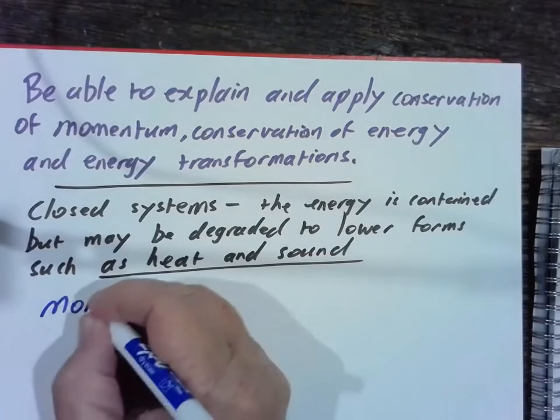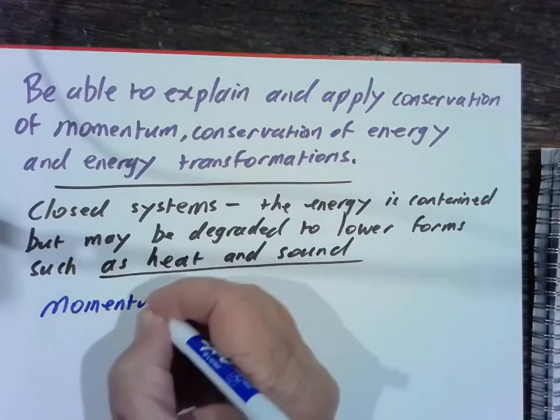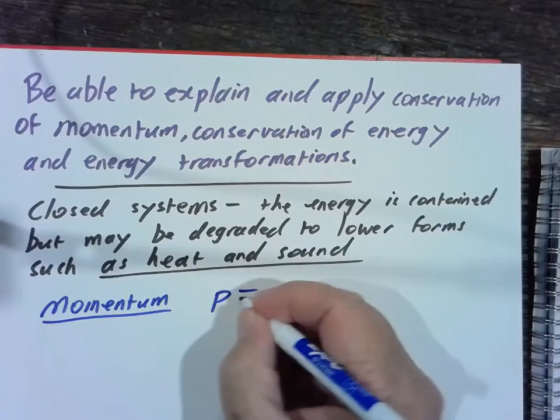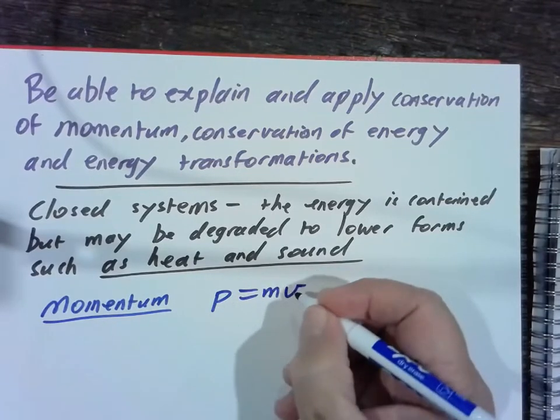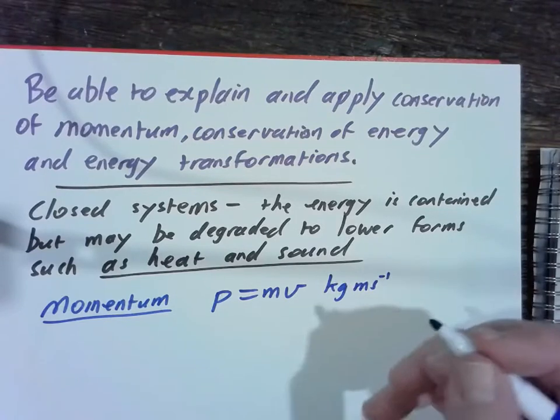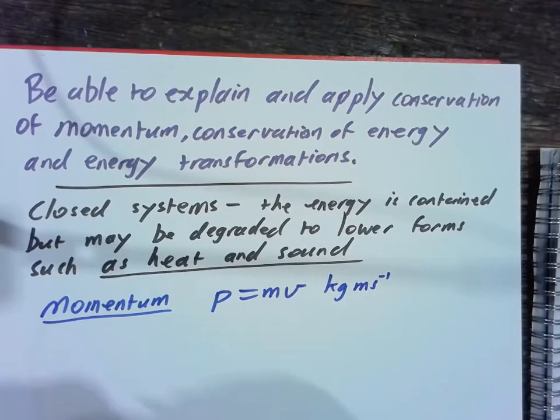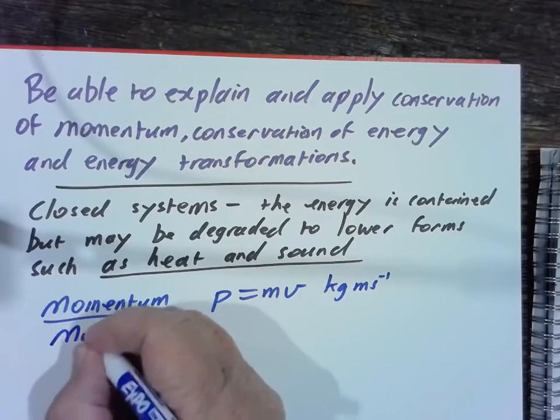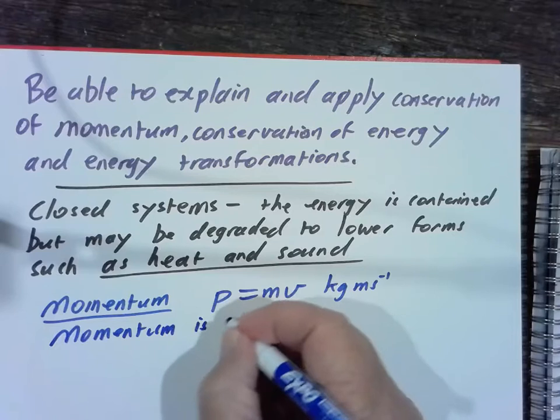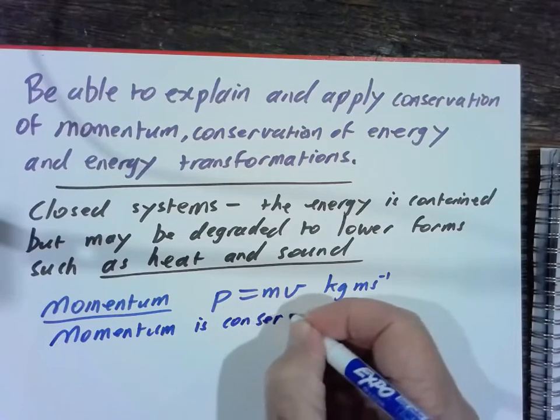Now, some of this is a revision of last year. In fact, most of it will be, because we remember, of course, momentum equals mv, and the units are kilogram metre second to the minus 1, which you can get from the equation. In all of our collisions, momentum is conserved.